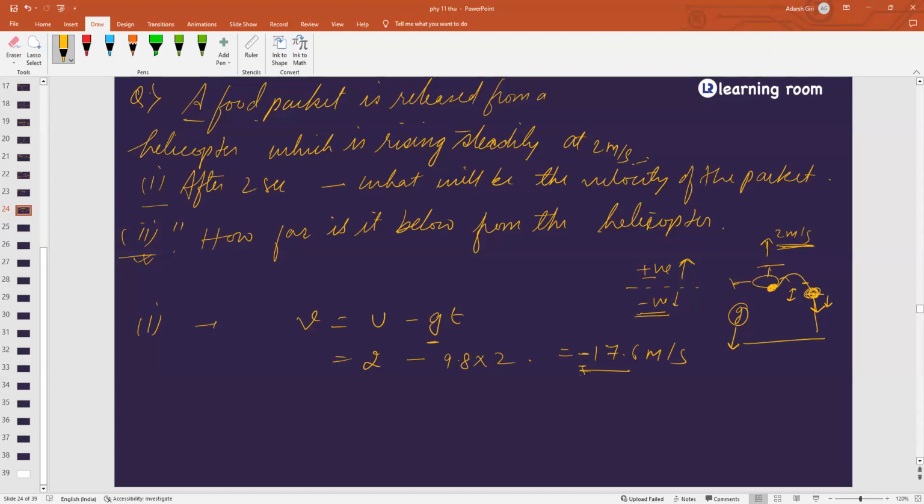78.4 meters. No. Think again. I'll answer this. Everybody try to solve it.